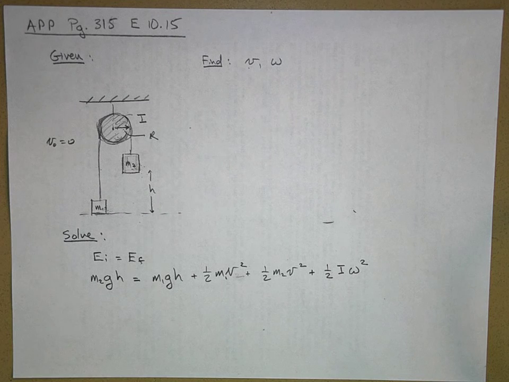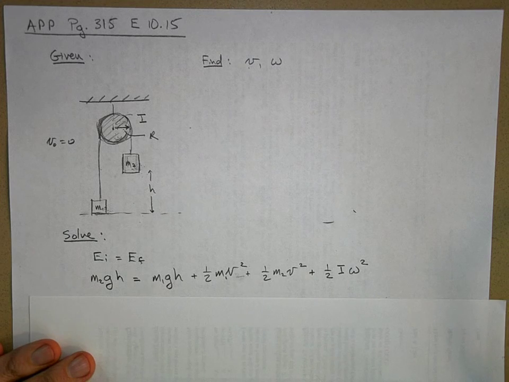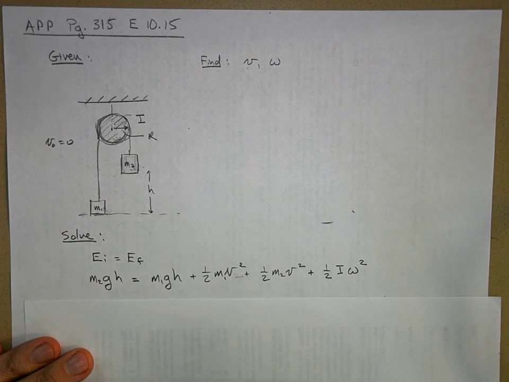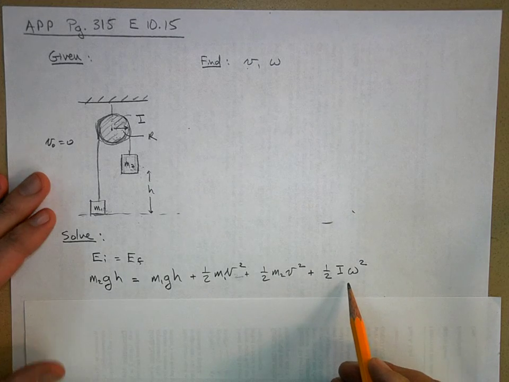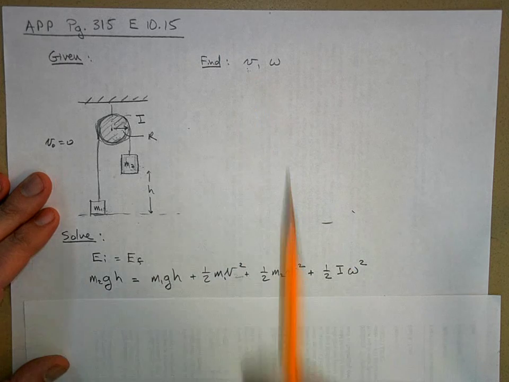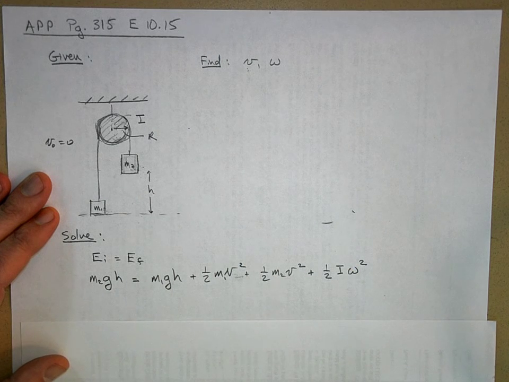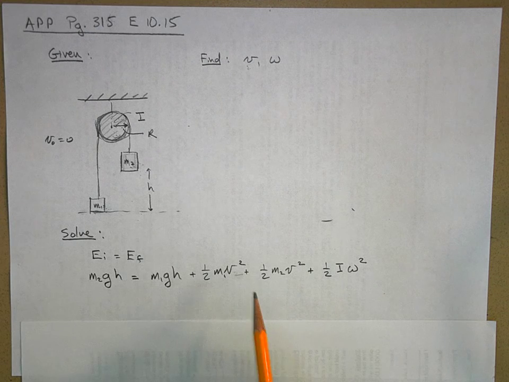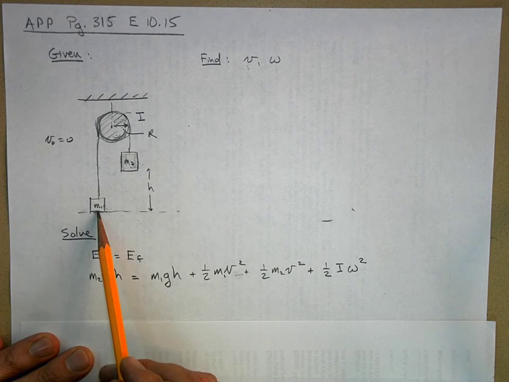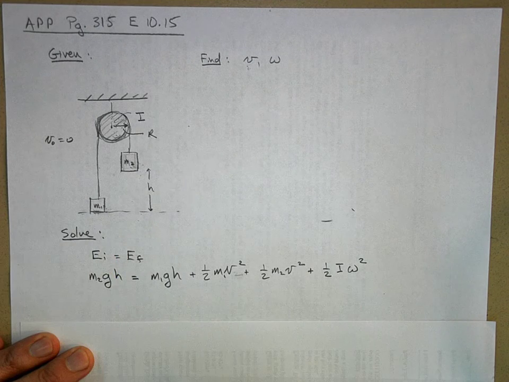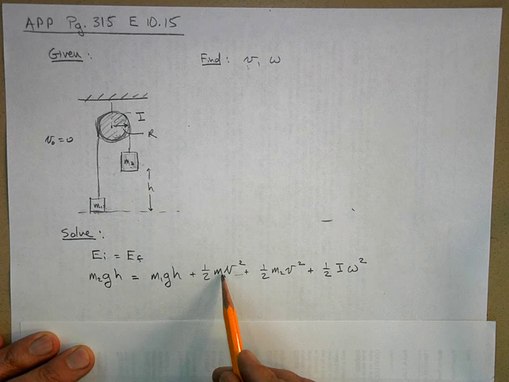Now, if I want to know the speed v of all this stuff, I've got to solve for it, and I've got to get rid of omega. The first thing we're going to solve for is v. So this is pretty messy. But one thing to notice, the speed of M1 and M2 are the same, so I can combine these.